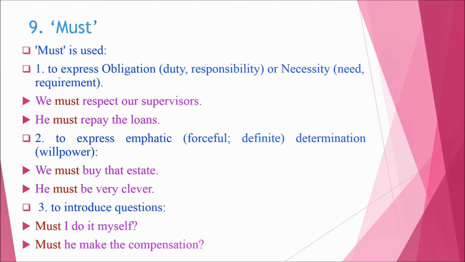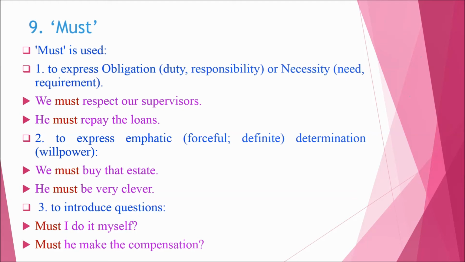Example sentences are: We must buy that estate. He must be very clever. Then, must is used to introduce questions. Examples are: Must I do it myself? Must he make the compensation?